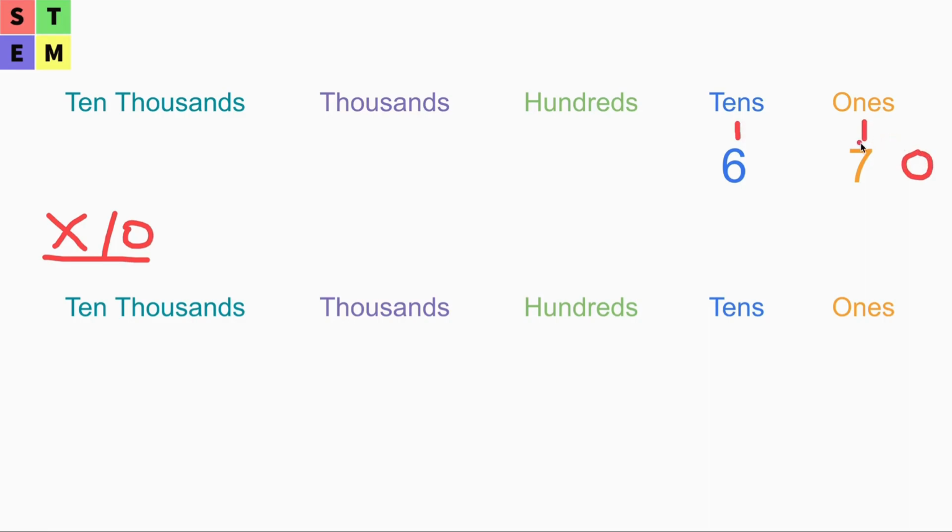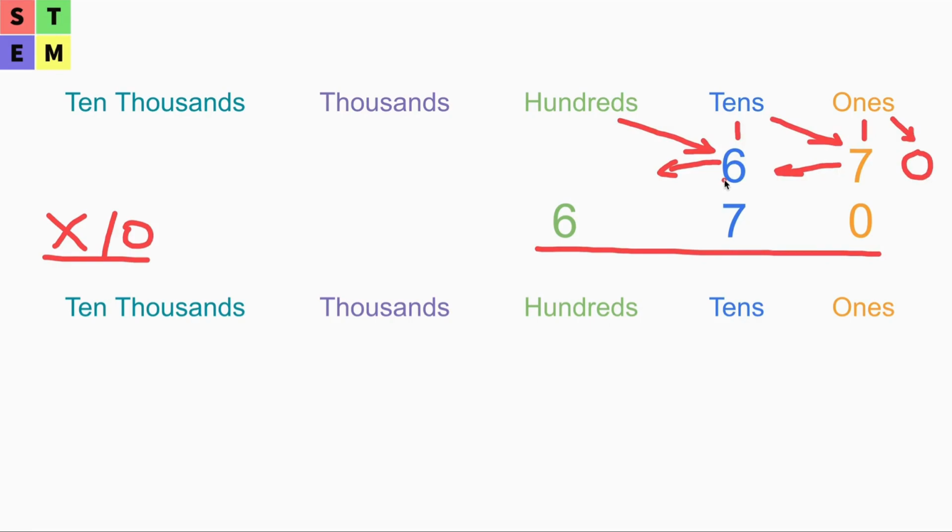So instead of 7 ones, how many ones this time? 0 ones, right? So we'll have 7 tens, and we'll have 6 hundreds. So basically, we are shifting the numbers one position to the left, and adding the 0 at the end of it. So we have here 670. We are shifting 6 to the hundreds place, 7 to the tens place, and 0 in the ones place.